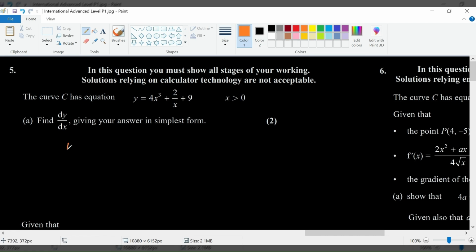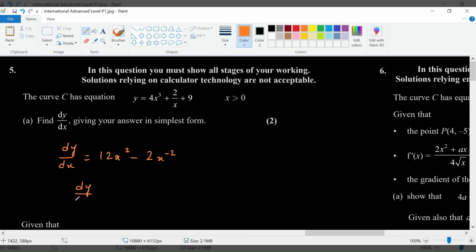Now if I change this to dy/dx, it's going to be 4 times 3 is 12, and subtracting one from the exponent gives us x squared, and the sign stays. Now 2/x is 2x to the power −1, so the power 1 comes down and makes it negative 2, and 9 gives you 0.